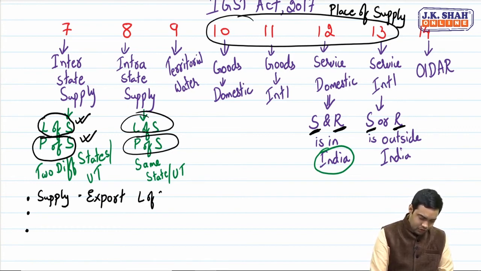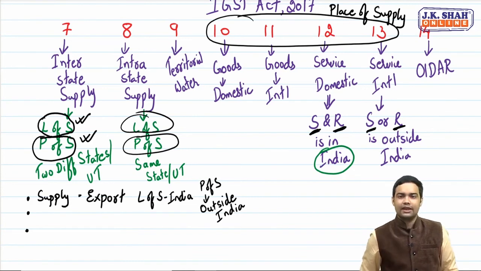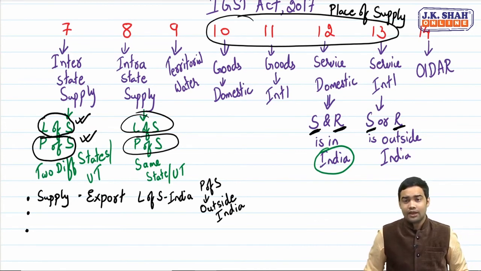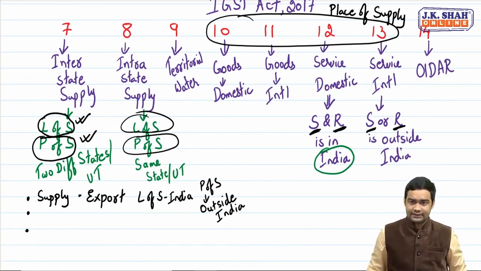We mean location of supplier is in India and place of supply is outside India. If the location of supplier is in India and the place of supply is outside India, that will always be regarded as an interstate supply. Reason? We have discussed this. Bangalore to US, export regarded as IGST.